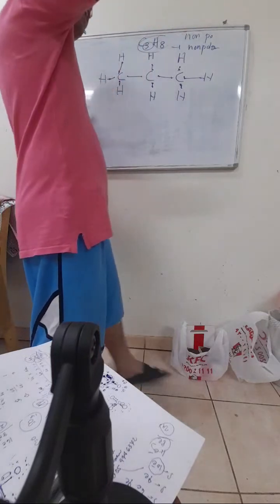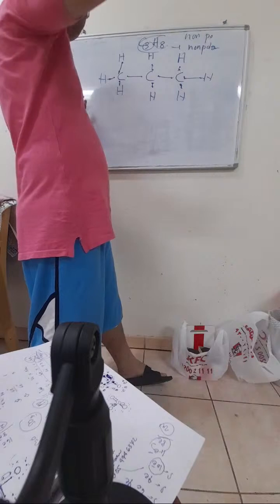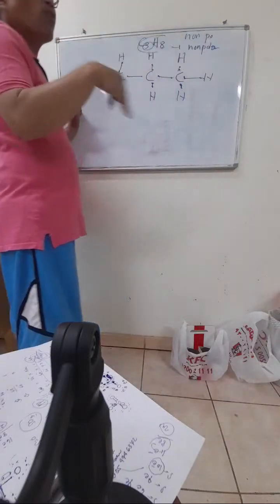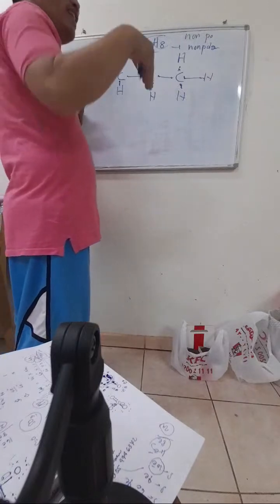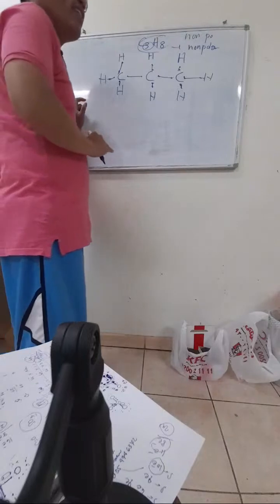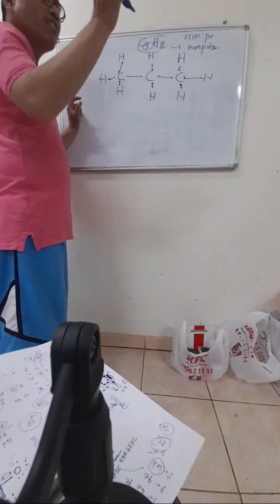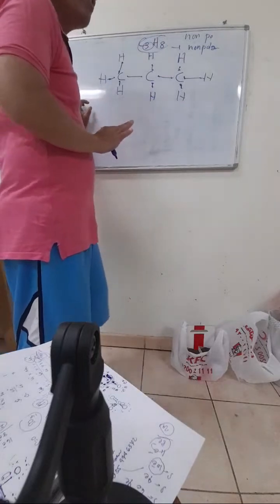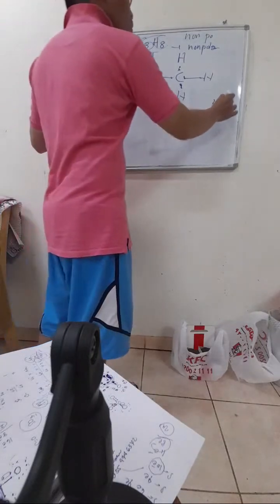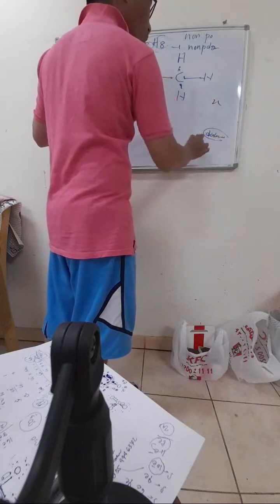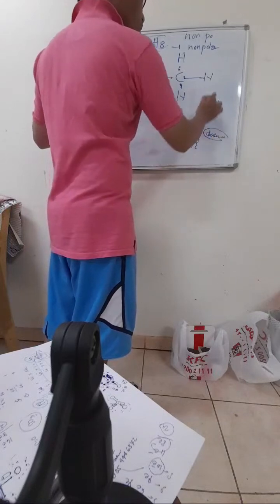We have methane, ethane, propane, butane, pentane, hexane, heptane, octane, nonane, decane, undecane, dodecane, from methane to dodecane. Dodecane means 12 atoms of carbon, while methane has 1 atom of carbon.